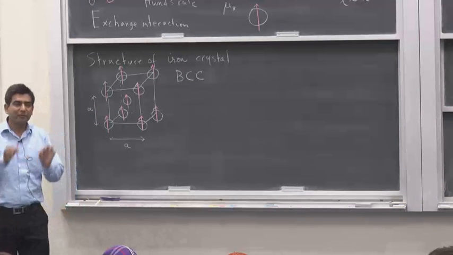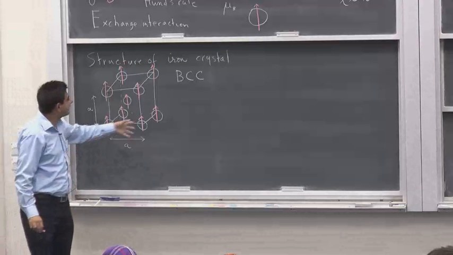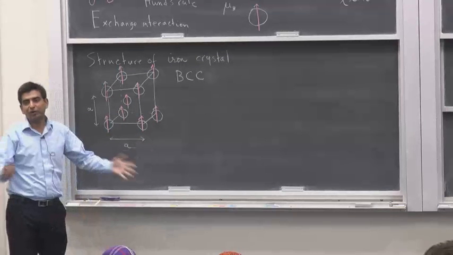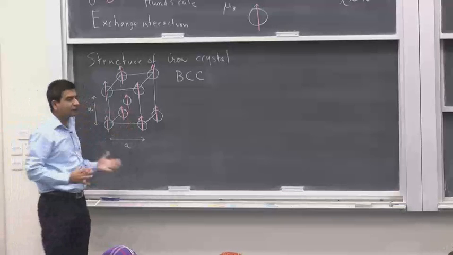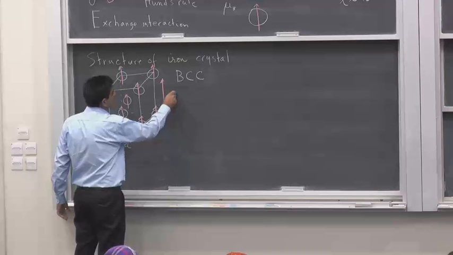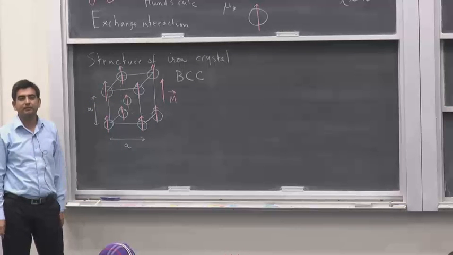Now these dipoles will add up to give you a net magnetization, which is going to be the sum of the magnetic dipole moments of each one of these divided by the volume of this cube. So this entire cube will acquire a magnetization, some magnetization M.